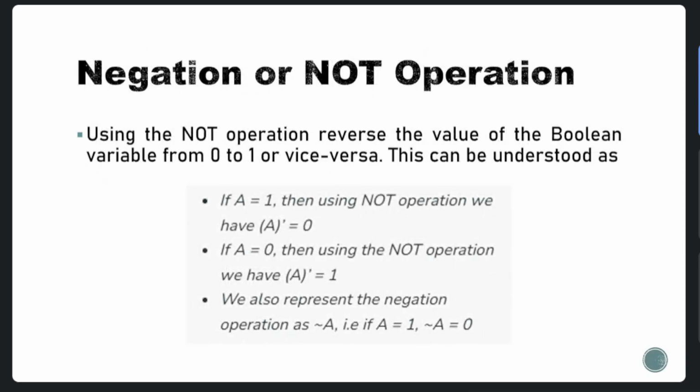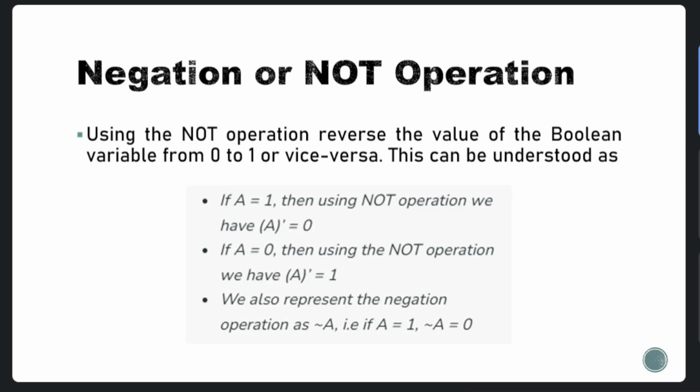So negation or NOT operation: using the NOT operation changes the value of the Boolean variable from 0 to 1 or vice versa, 0 to 1 or 1 to 0. This can be understood as if A is equal to 1, then using that operation we have A bar equals 0. So kapag 1 to 0 and then 0 to 1.